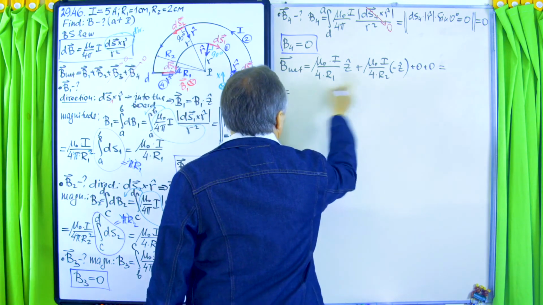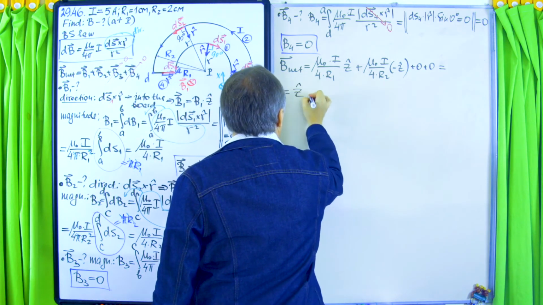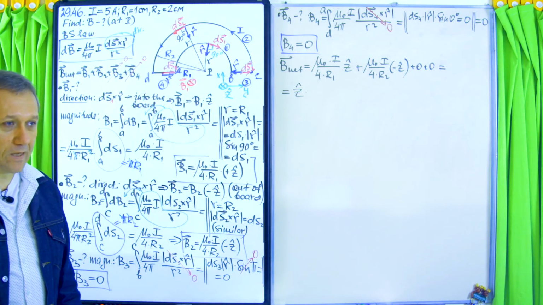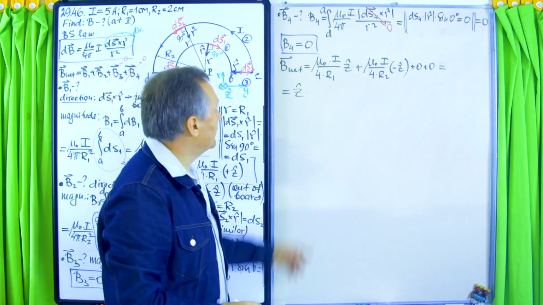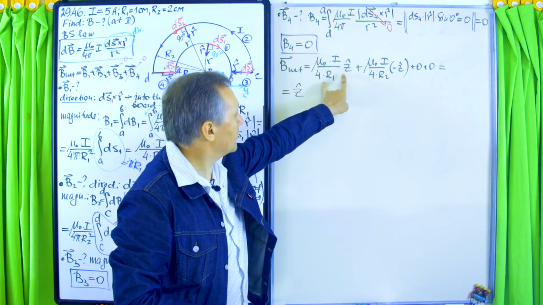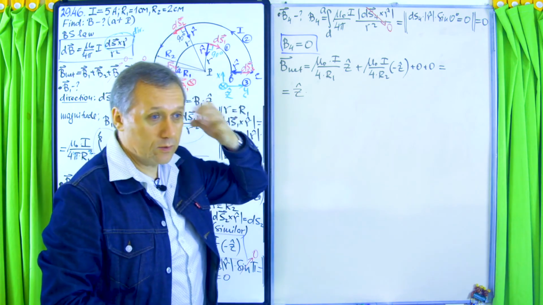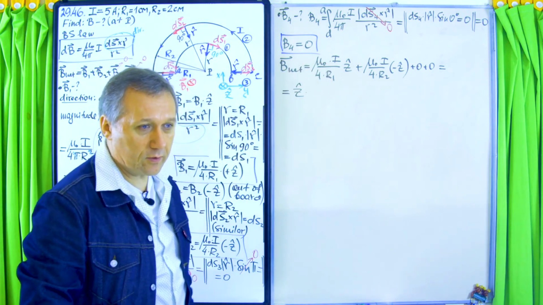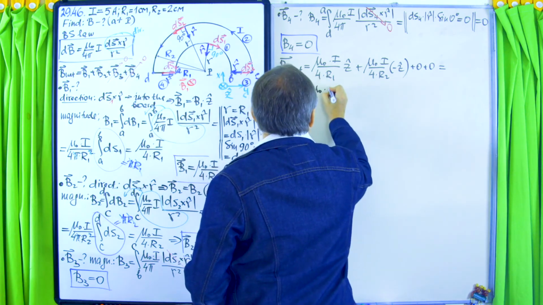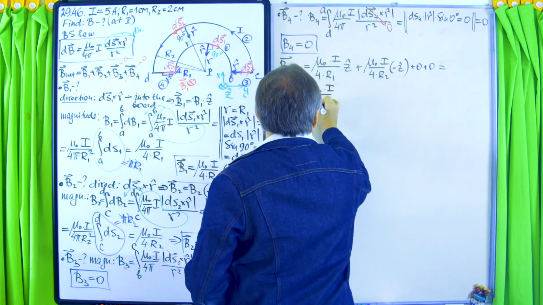Let me write z in front to show the direction. It will be in the positive z direction because this contribution is definitely stronger. R1 is smaller, so the contribution is larger. And I can factor out mu naught times I divided by 4.